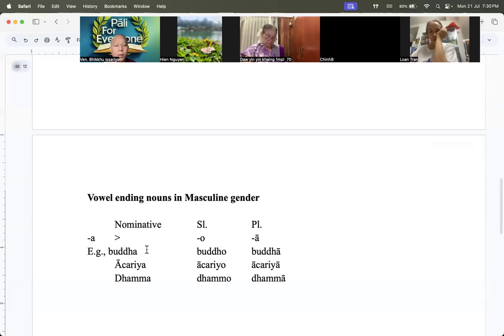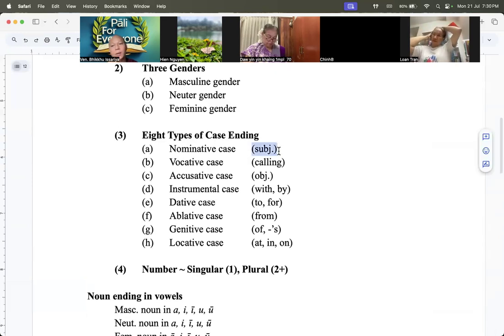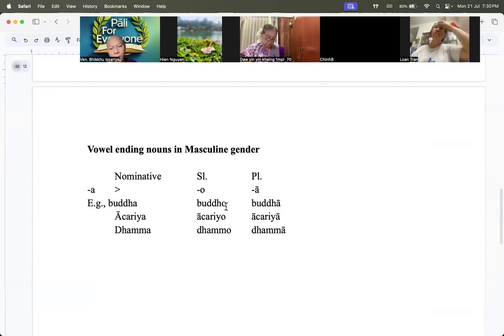The nominative case, as we already told you at the very beginning, is the subject. So in a sentence, when we see a word like Buddho, that one is the subject. The Buddha expounded the Dhamma, in this way it can be understood. The Buddhas will do something like that.